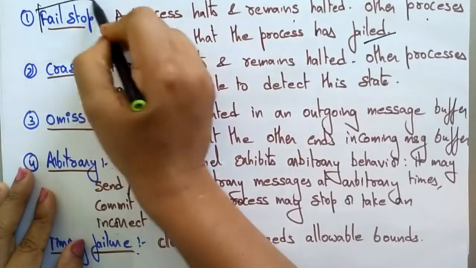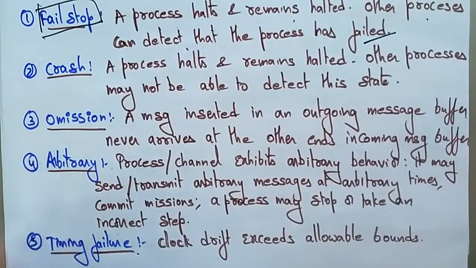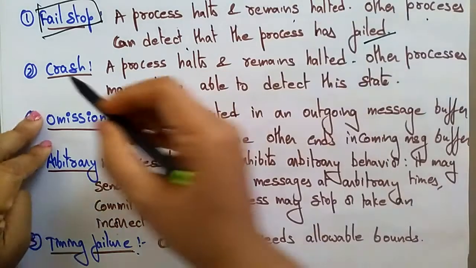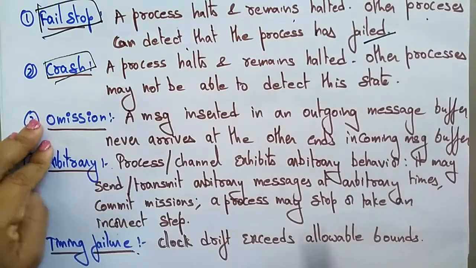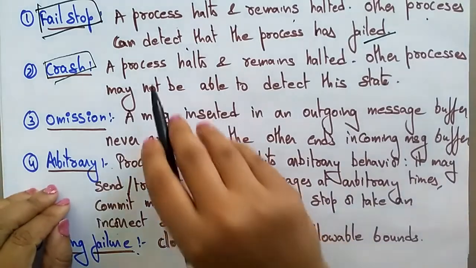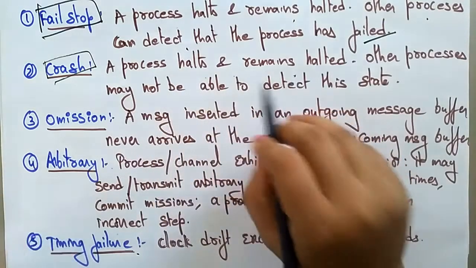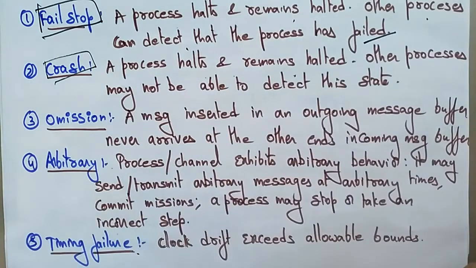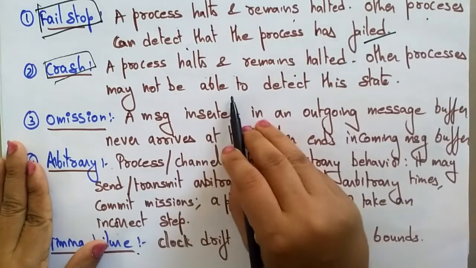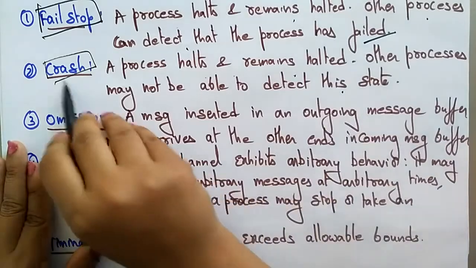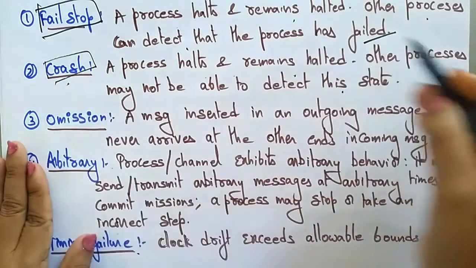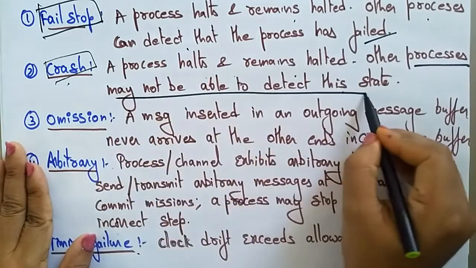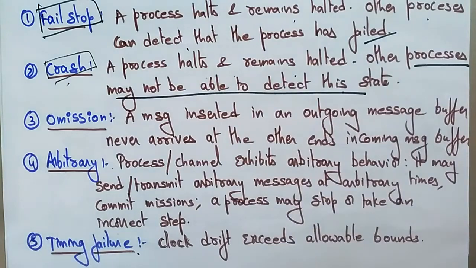Suppose the system crashes. In a crash, a process halts and remains halted. So whenever a crash failure occurs, it also halts and remains halted, but the other processes may not be able to detect this state.